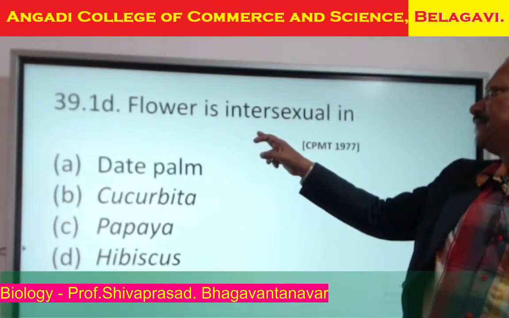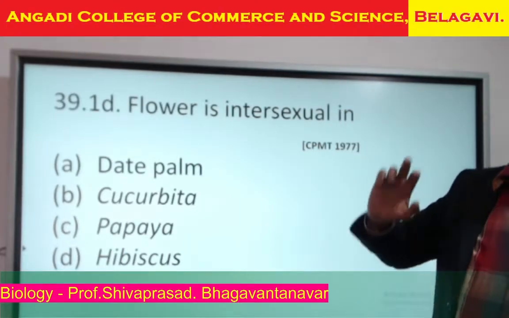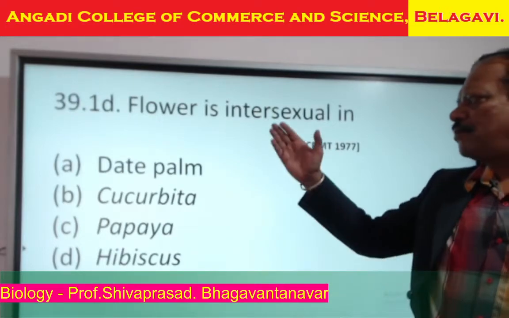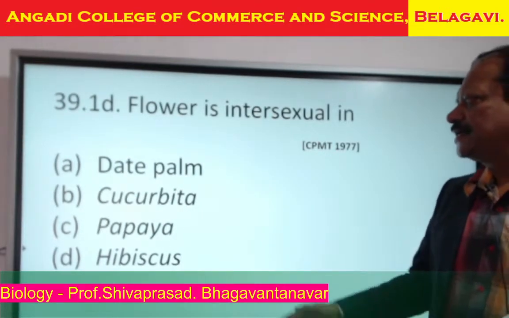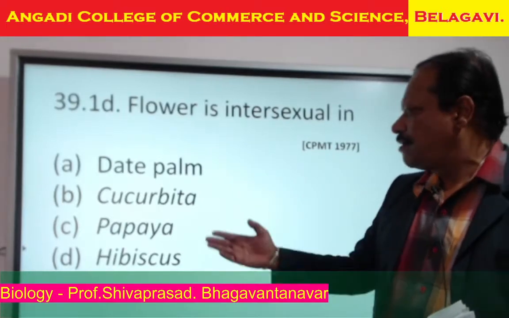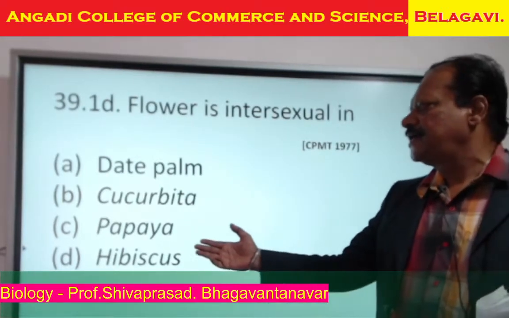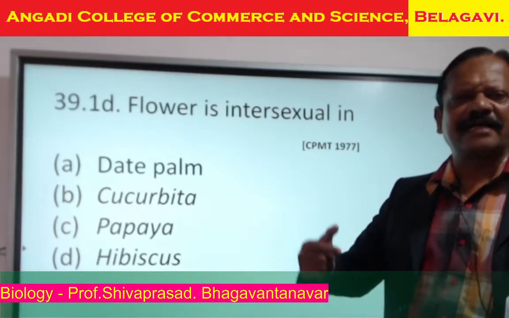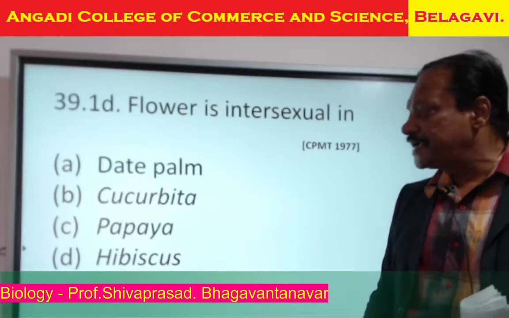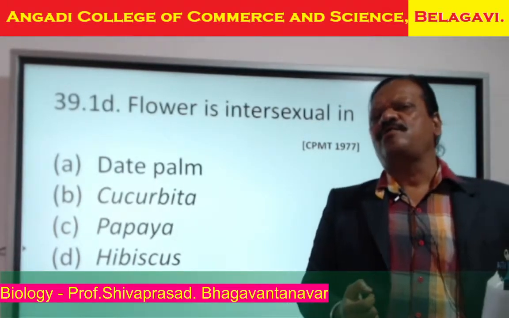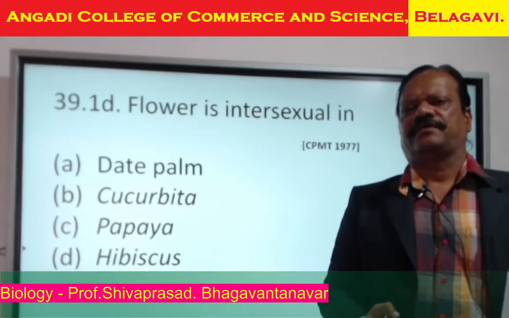Flower is intersexual in. So, that we can see the examples here. Date palm, cucurbita, papaya, then hibiscus. We can take a hibiscus as a right answer here. Why is it? It is only because the androecium and gynoecium, they are very close to each other.